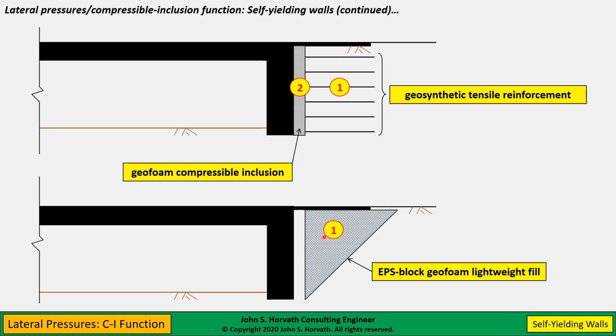But you're probably better off creating a self-stabilized, lightweight zone behind the abutment. But again, you put the geofoam compressible inclusion in there to handle the expansion and contraction of the abutment as a de facto expansion joint. And again, in both cases, the compressible inclusion also has a drainage capability. And I'll show you in a minute how we can make that happen.